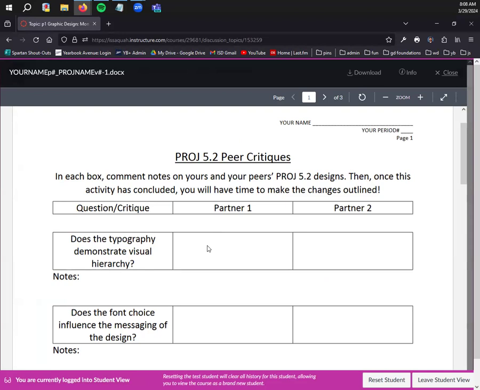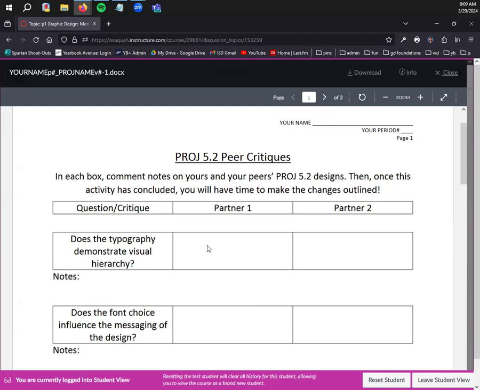In the partner 1 box, I'd write, yes, it does this, it has this, or it could improve this way, or things of that nature. And then I have another slot for a second partner, either on my right or one that I want to move around to get a little bit closer to. Does that make sense? Does anybody have any questions on how you're filling in these boxes of partner 1 and 2? Are we all good? Okay, cool.